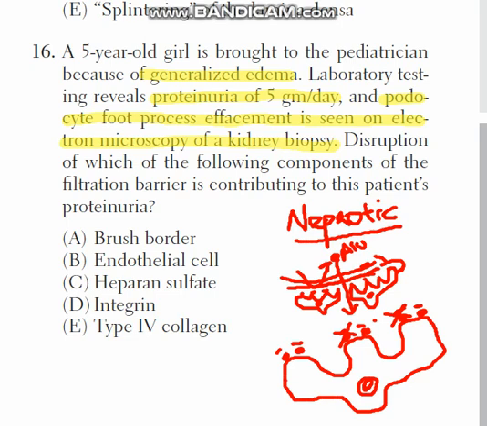So our answer is this: the disruption of the heparan sulfate leads to loss of the negative charge, and it leads to proteinuria and albuminuria, and this condition is called nephrotic syndrome. So it leads to generalized edema, hyperlipidemia, hypoproteinemia, all these conditions.